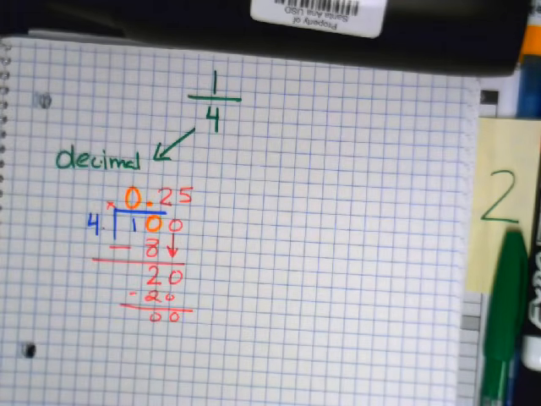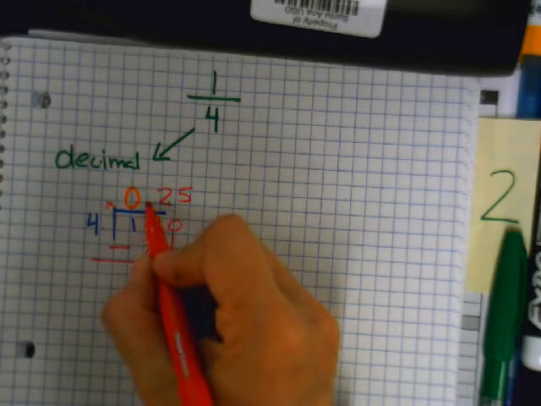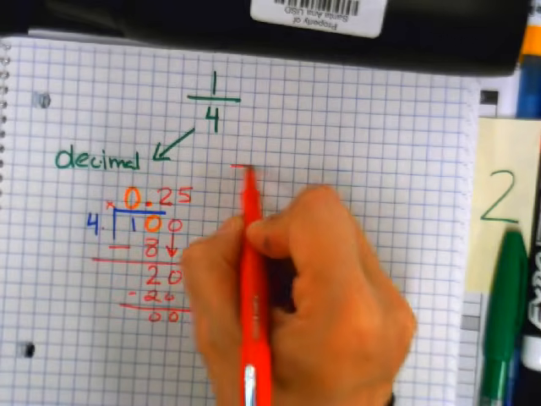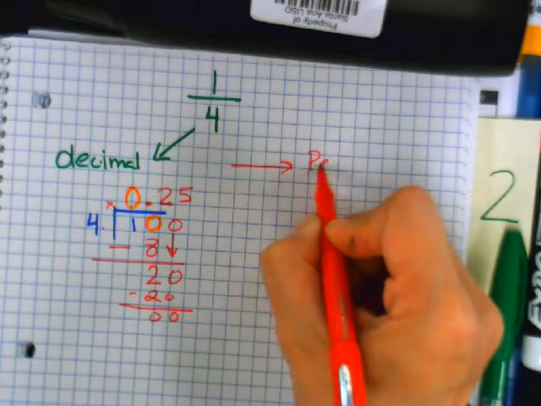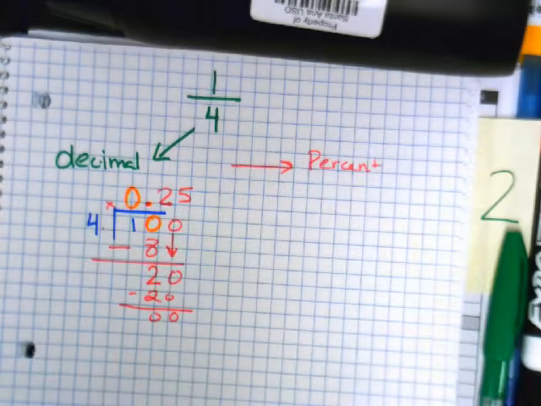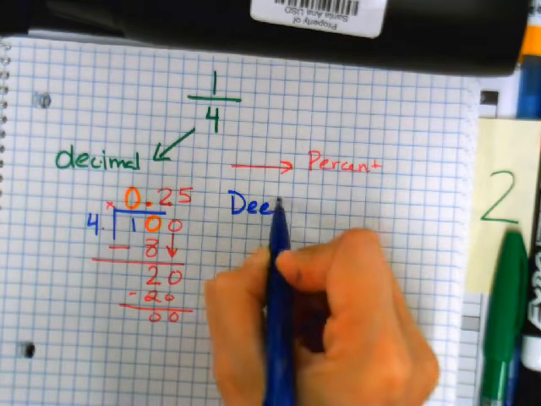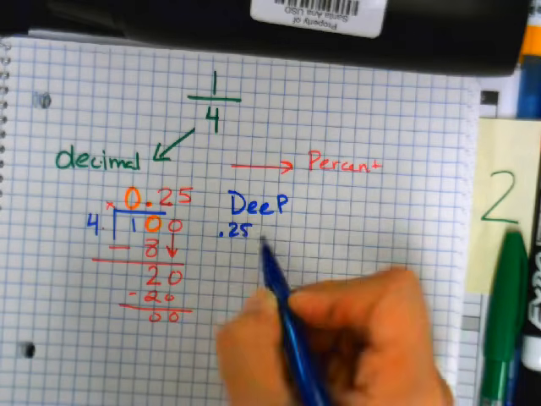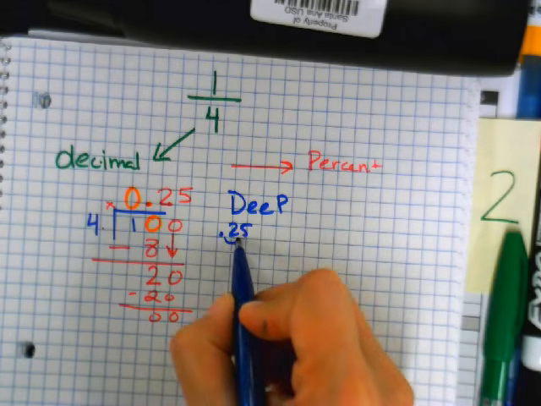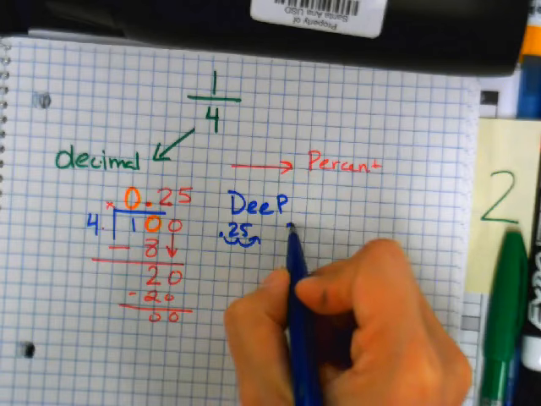So our answer is 0.25. So now what is our percent? Yeah, so again, you can use the word deep, right? 0.25. How many times do I move it? 1, 2. So that gives me 25%.